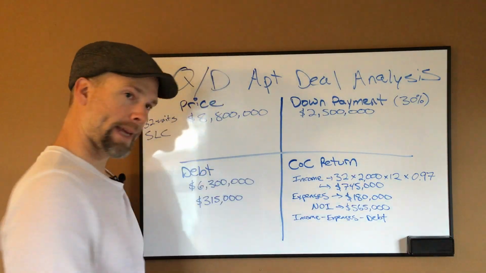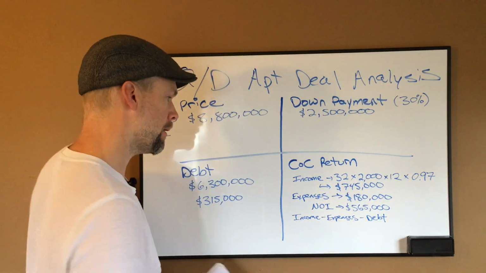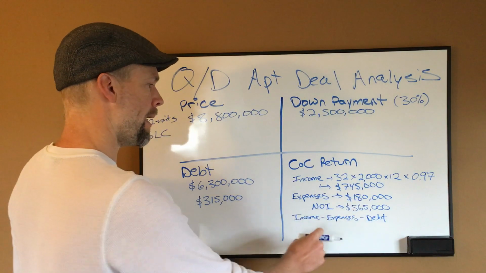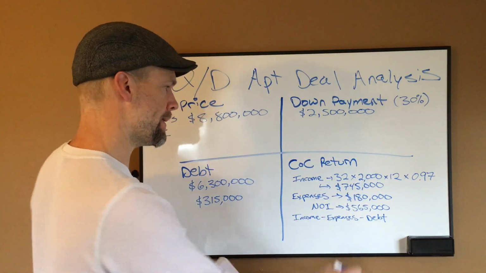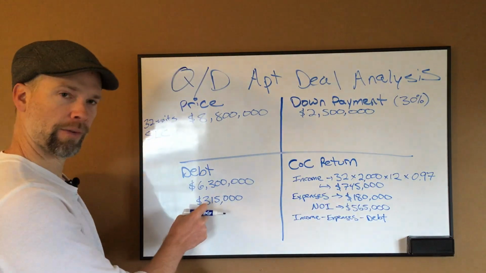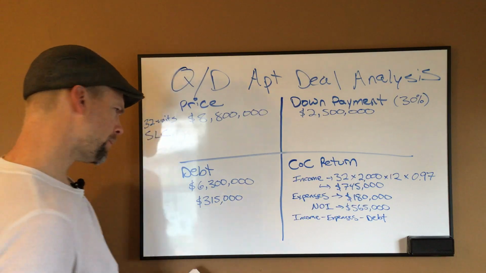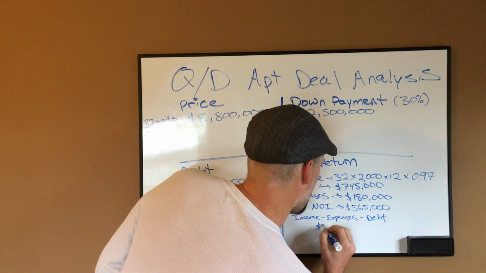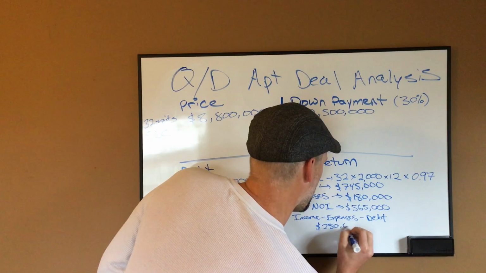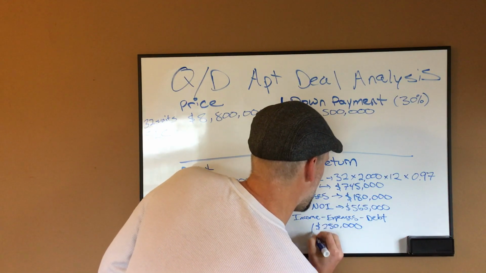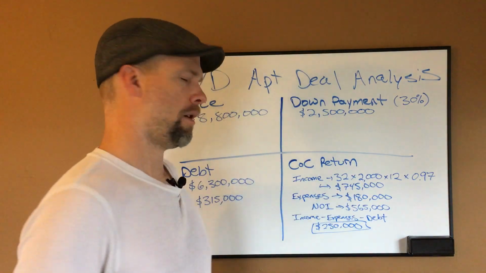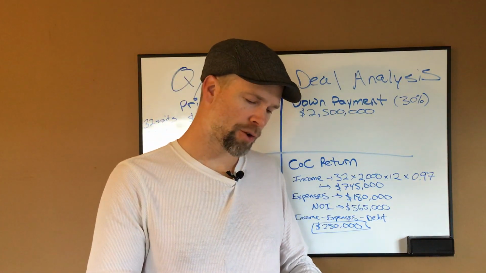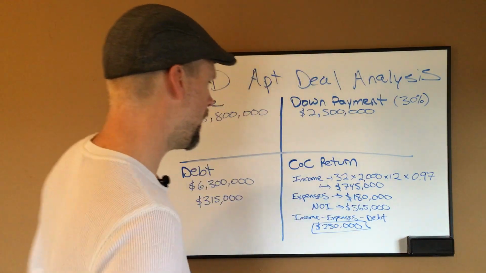So that's the cash coming in every year. So we got NOI, which is income minus expenses, 565, minus our debt payment. So is that 250? So 250, that's our cash coming in each year.